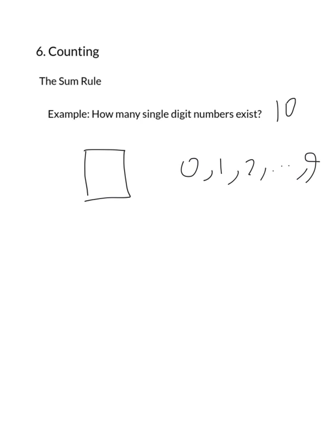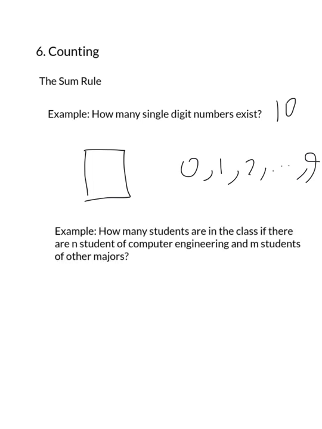As another example, let's take the following. How many students are in the class if there are n students of computer engineering and m students of other majors?